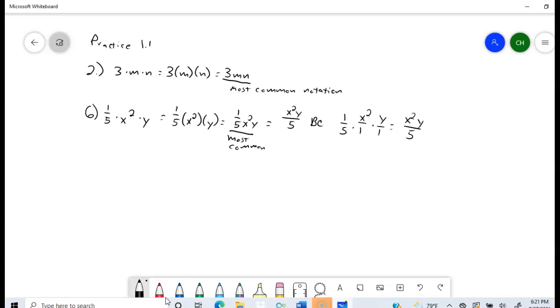Alright, so number 8. Wants us to identify the numeric coefficients and the number of terms in each expression. So something like x, y. Well, it's one term, we know that. But what about the coefficient?